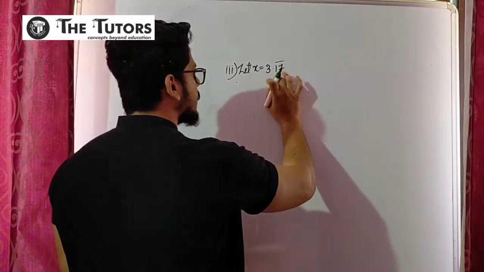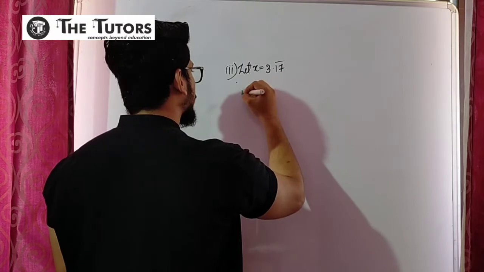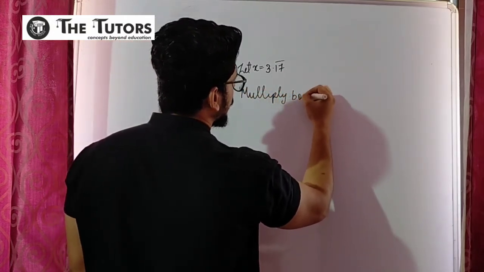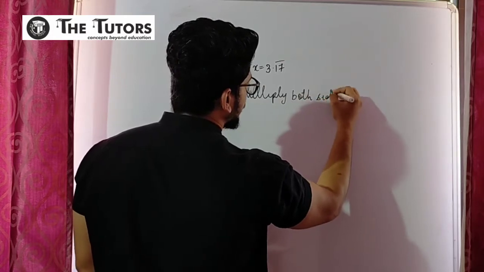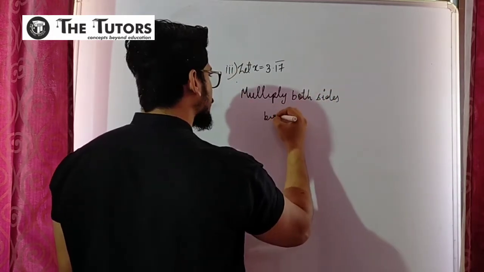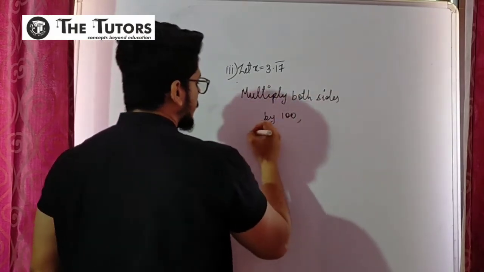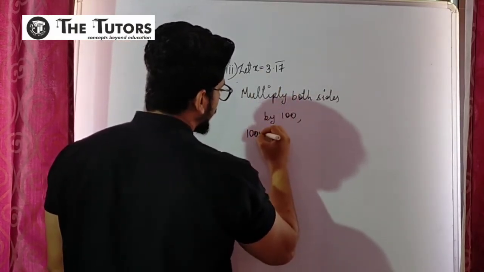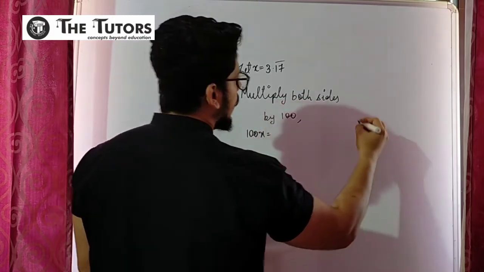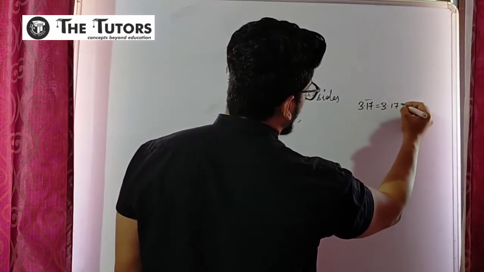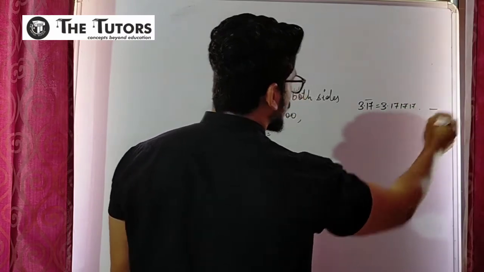Now there are two digits repeating, so you will multiply both sides by 100. When you multiply both sides by 100, what happens? 100 into x is nothing but 100x is equal to. Now 3.17 bar is nothing but 3.171717, like this it goes on.